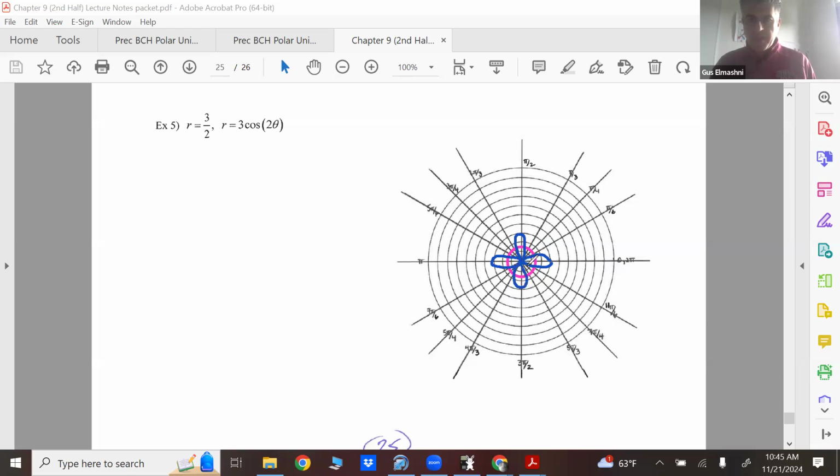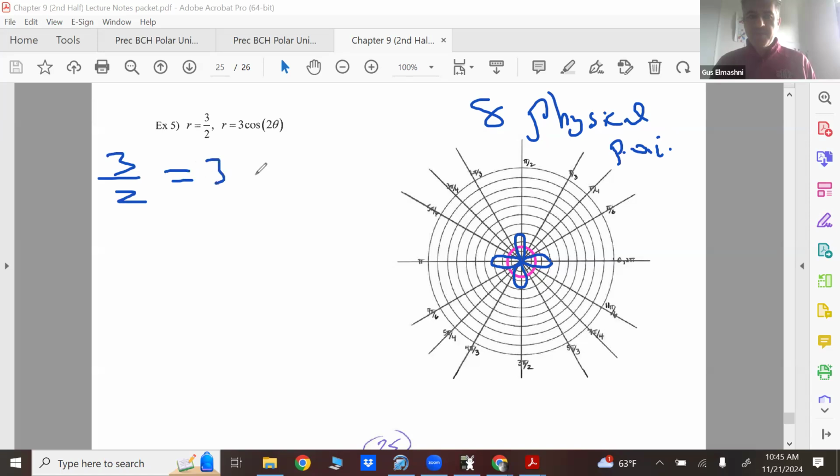Okay, I think I kind of did it right, but how many times are they touching here, would you say? Well, it looks like they're touching 8 times, right? There are 8 physical points of intersection, right? Well, let's solve it, see what happens. Cosine of 2 theta equals 1/2.